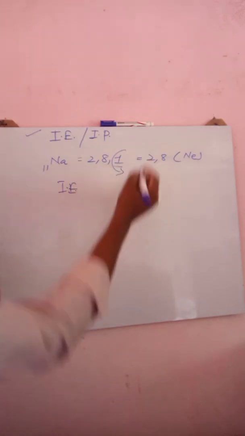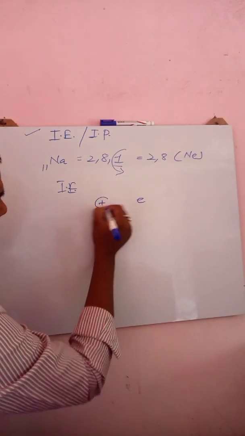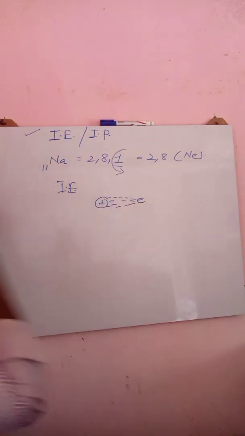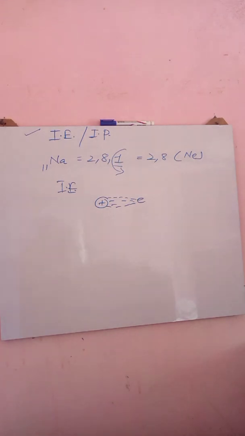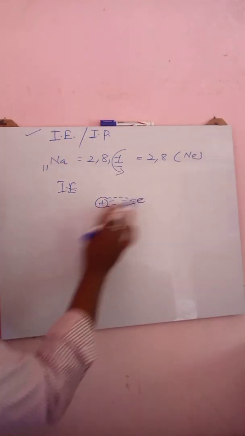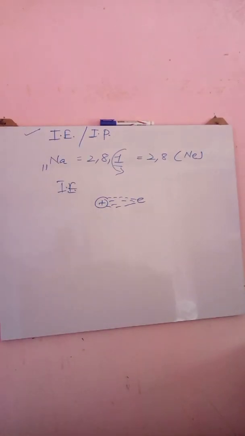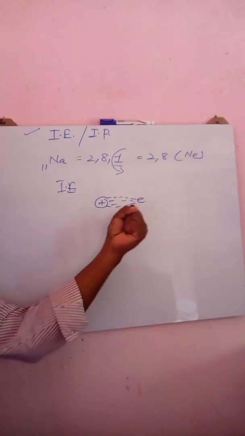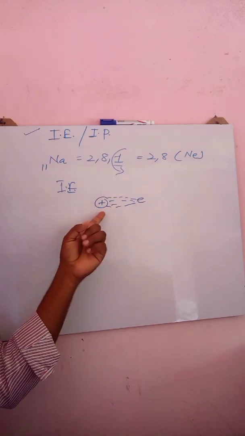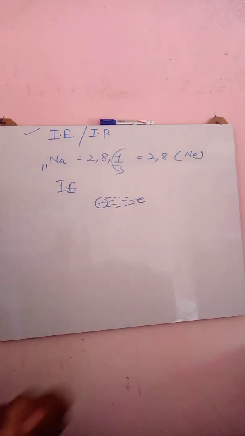Now the question is, why is energy required to remove the electron? Because electrons are held by the nucleus with an electrostatic force of attraction. This electrostatic force of attraction between the nucleus and the outermost shell holds the electron.